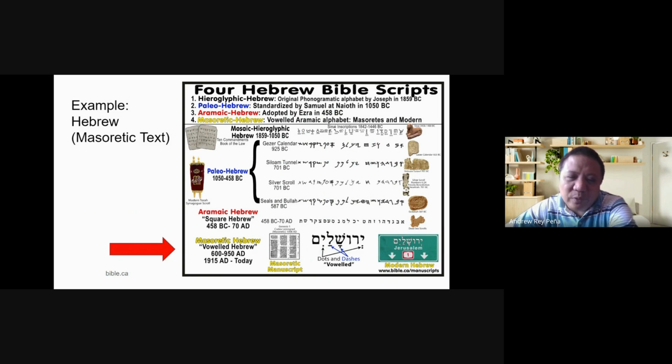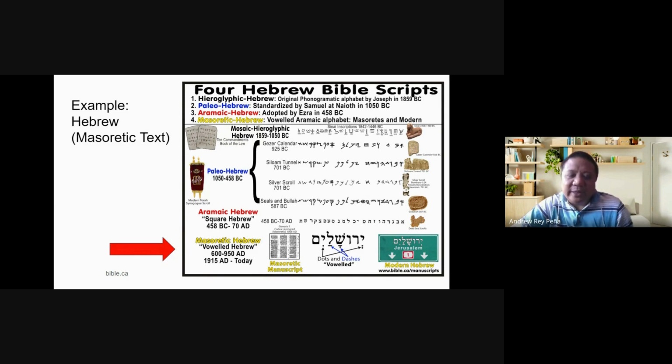Okay, by the way, Hebrew had evolved a lot in ancient times, from the time of Moses up to the time of the Masoretes. The Masoretes added clues, symbols that would indicate the vowels. So notice below, if you look at the lowest portion of this infographic, there are dots. There's one dot, there's two dots, there's three dots, which indicate vowels.